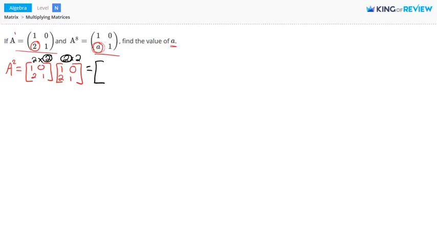When you multiply two matrices together, you multiply the corresponding entries in the first row of the first matrix times the entries in the first column of the second matrix, and then add those two products together. So let's set up the math for this product.